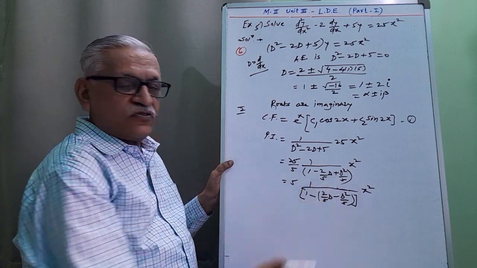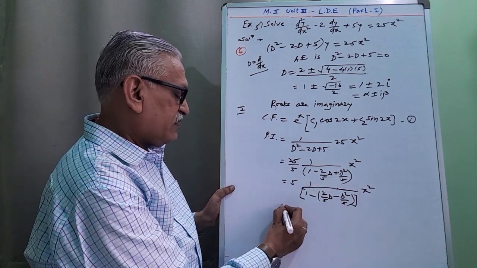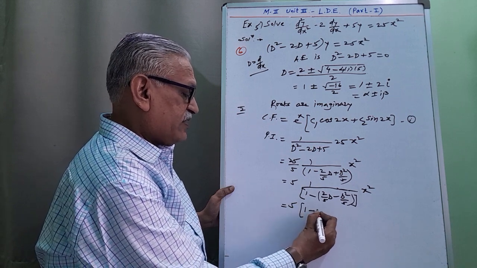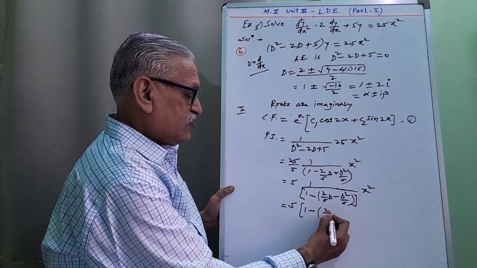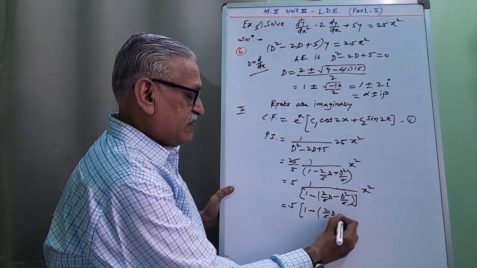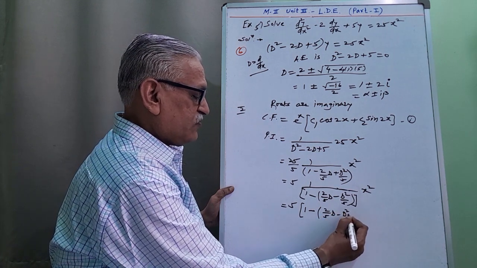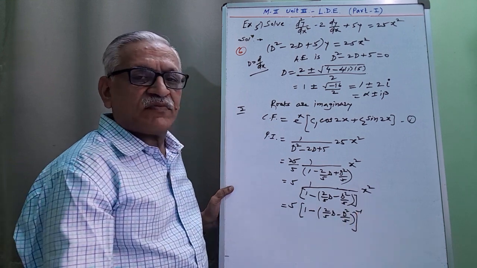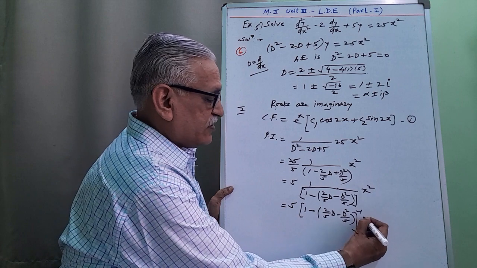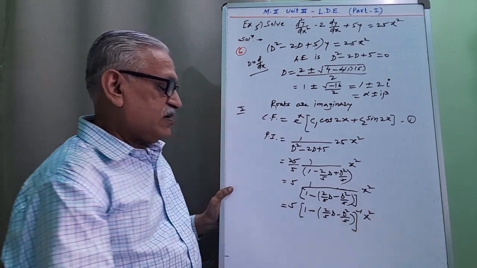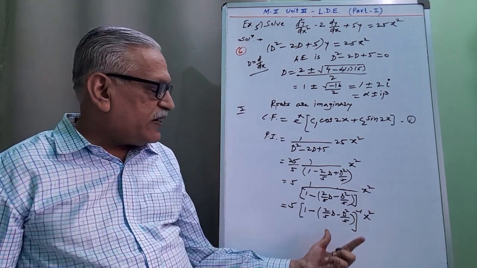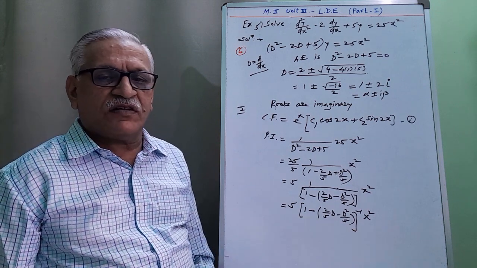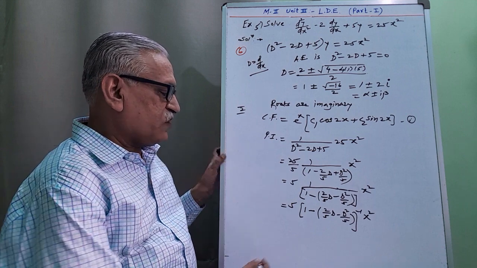Then transferring this to numerator, we get 5, 1 minus 2 by 5d minus d square by 5 whole raised to minus 1 operated on x square. Then expanding this by binomial theorem, taking terms up to d square.